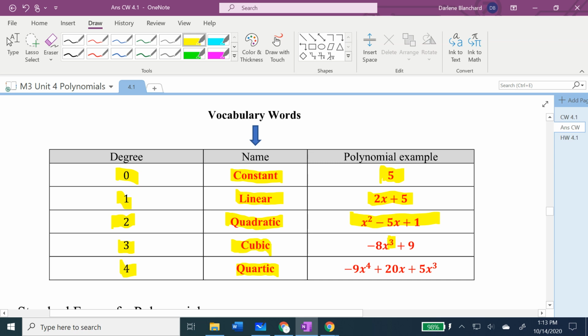And I swear, every time I see that word, I think of, which one was it? Deep Space Nine? That had Quark. Yeah. Anyway. So there we go. Quartic. And oh, what?